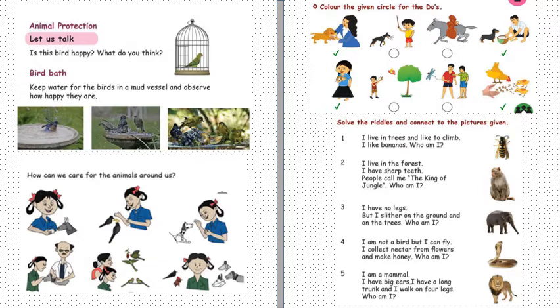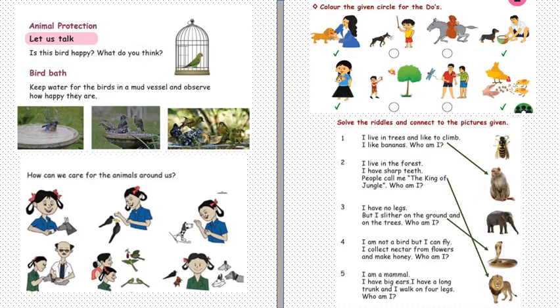Now solve the riddle and connect to the pictures given. I live in the trees and like to climb. I like bananas. Who am I? Monkey. I live in the forest. I have sharp teeth. People call me the king of the jungle. Who am I? I'm the lion.